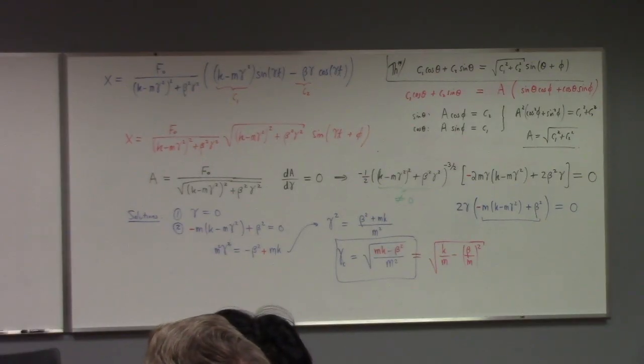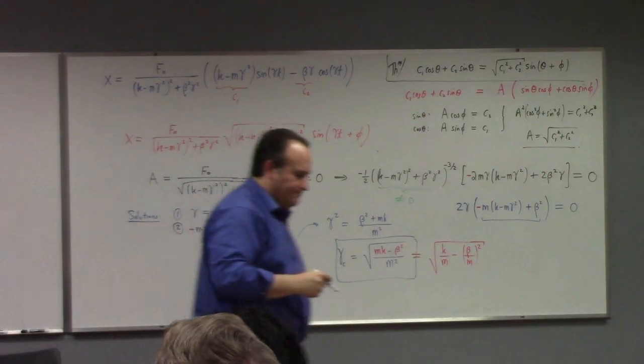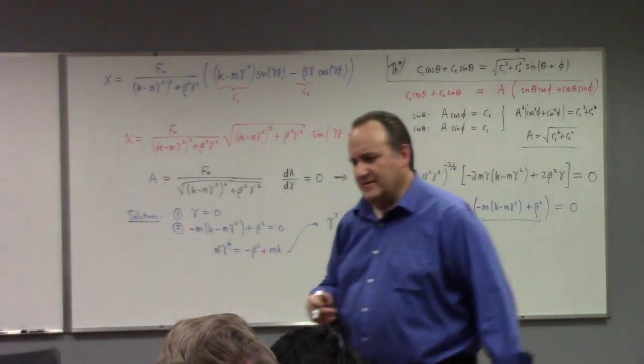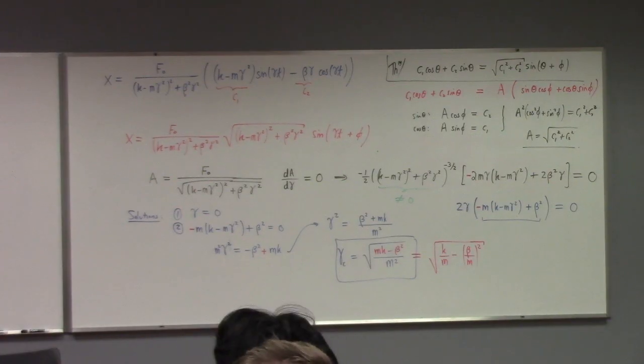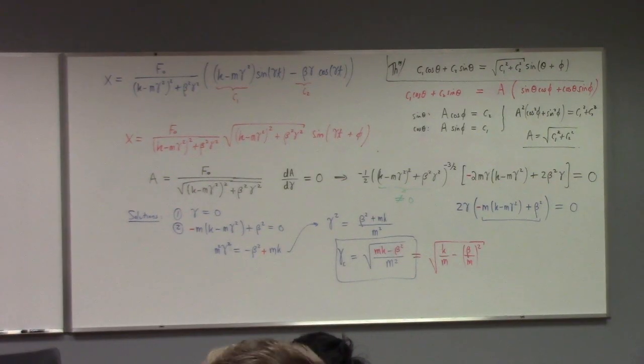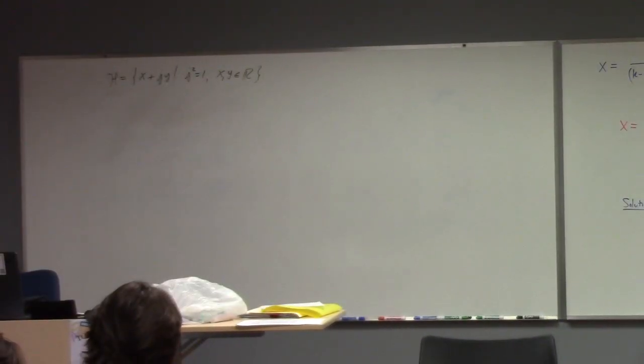In this wild world of hyperbolic numbers, not every number has a multiplicative inverse. If you multiply x plus jy times x minus jy, see what happens. Try it out for yourself. What's x plus jy times x minus jy?